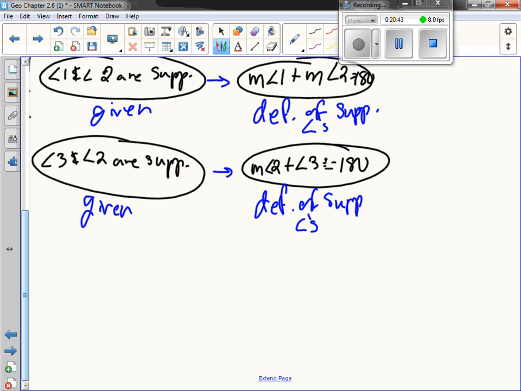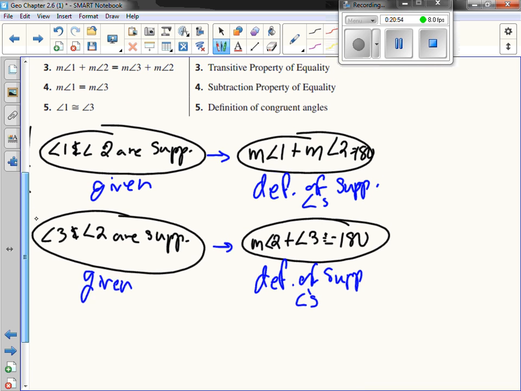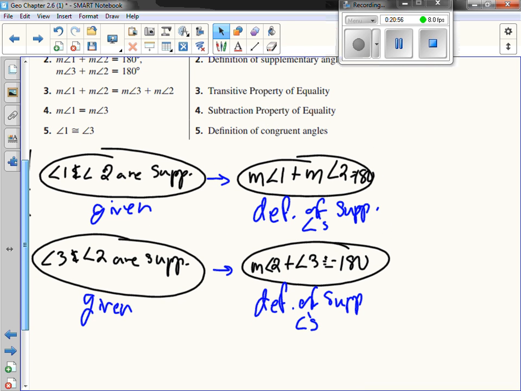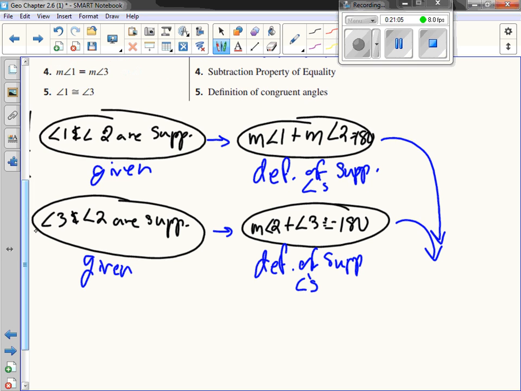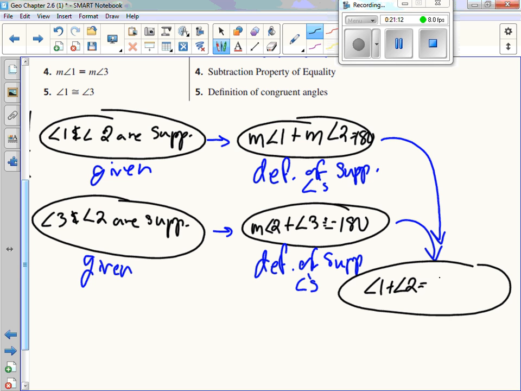Because so far, the fact that 1 and 2 and 2 and 3 are supplementary angles, do those really connect to each other? No. But what we do know is that since these both equal 180, I can take both of these together and say that angle 1 plus angle 2 is equal to angle 2 plus angle 3.